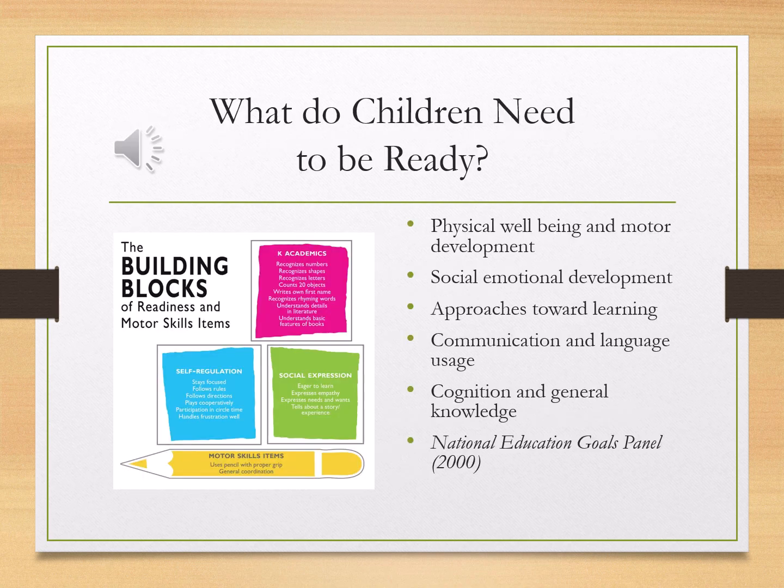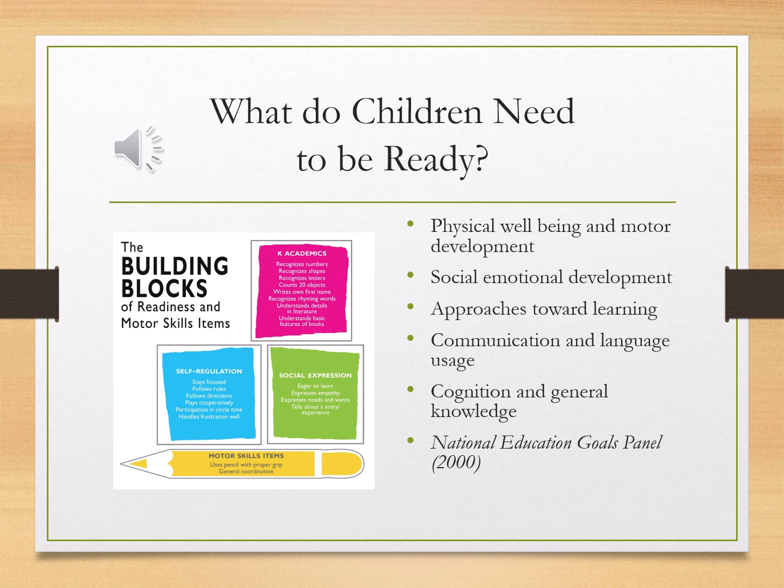So the better definitions of readiness are more broad-based, include more attention to a variety of developmental skills. So you can see the National Education Goals Panel, way back in 2000, decided that readiness should encompass physical well-being and motor development, social emotional development, approaches to learning, communication and language use, and cognition and general knowledge.